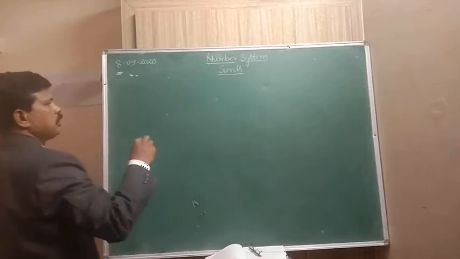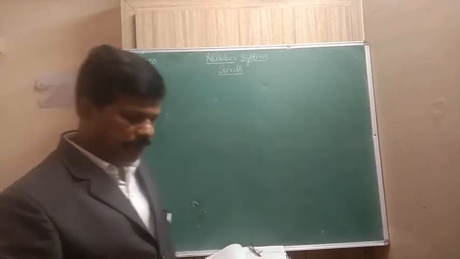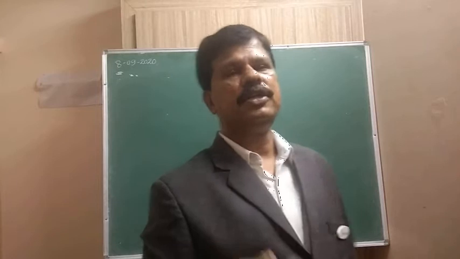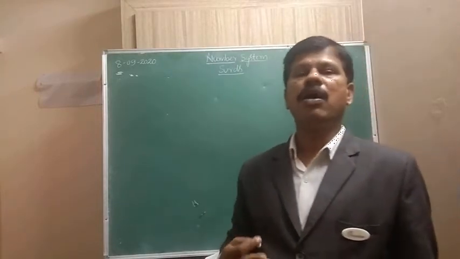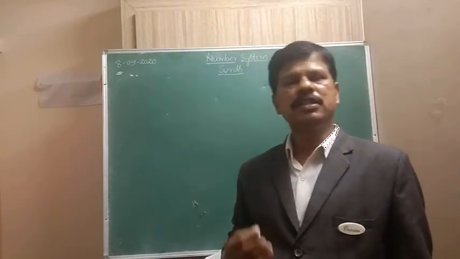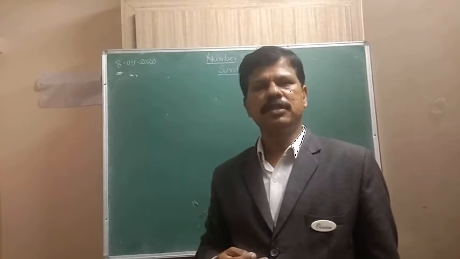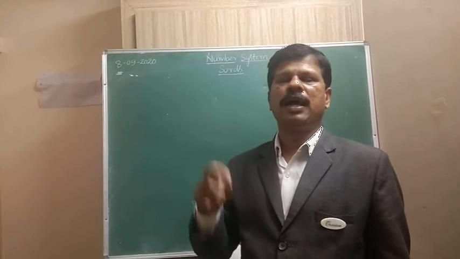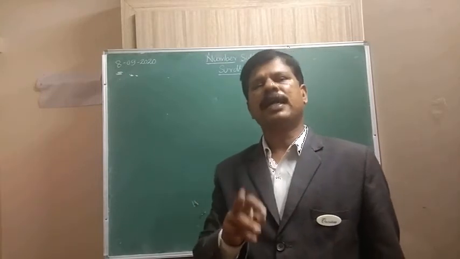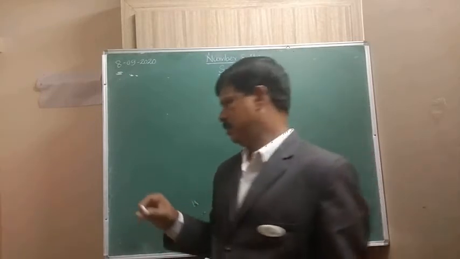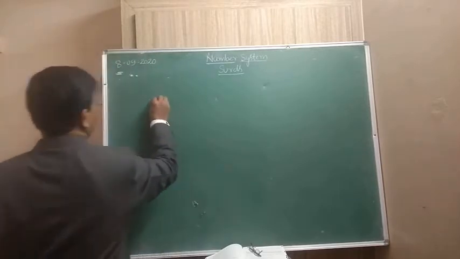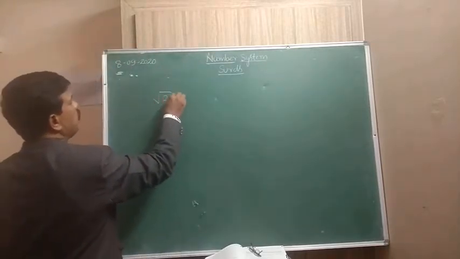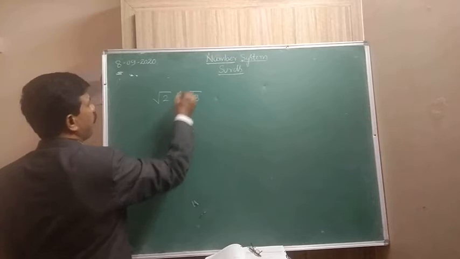Then next, we used how to add, subtract or multiply surds. In multiplication, in the last class I explained how to multiply two surds of the same order. If the orders are the same, how to multiply the surds? Just put it in one square root symbol, and inside that you write down the radicands and multiply. So like this, square root of 2 into square root of 3.